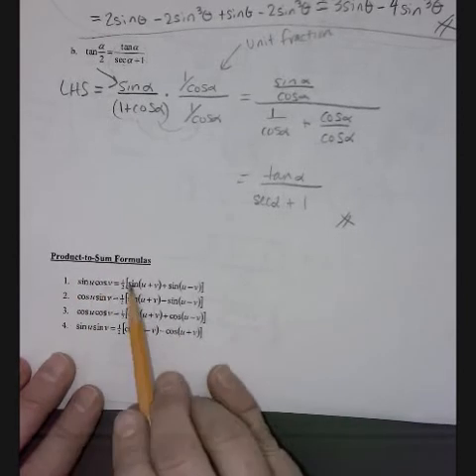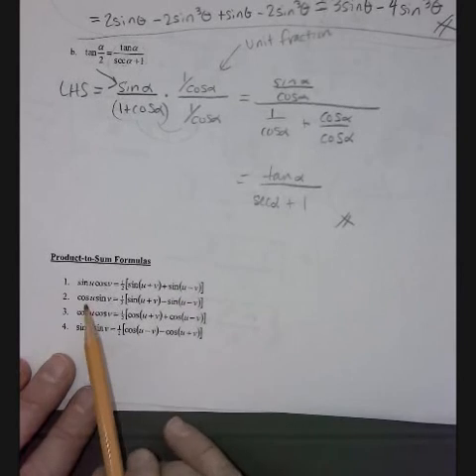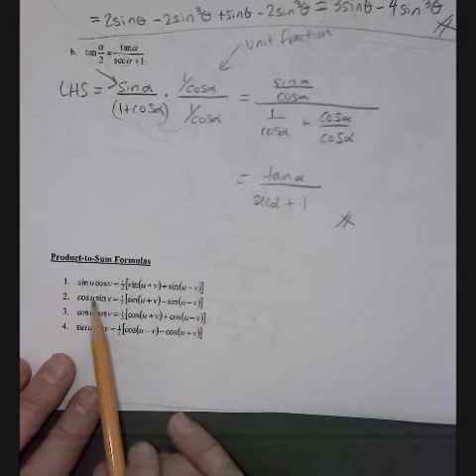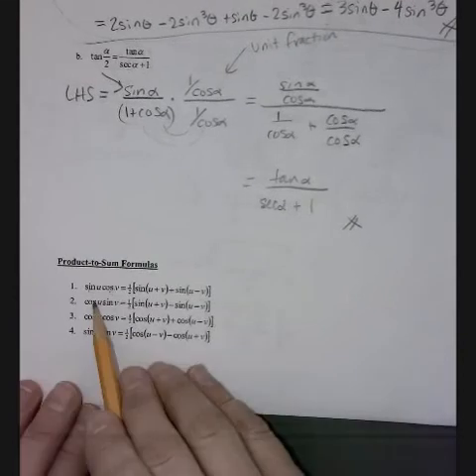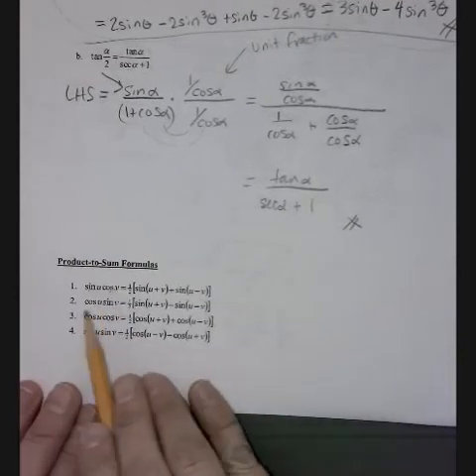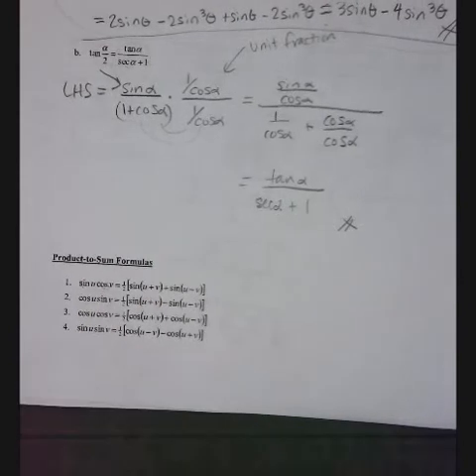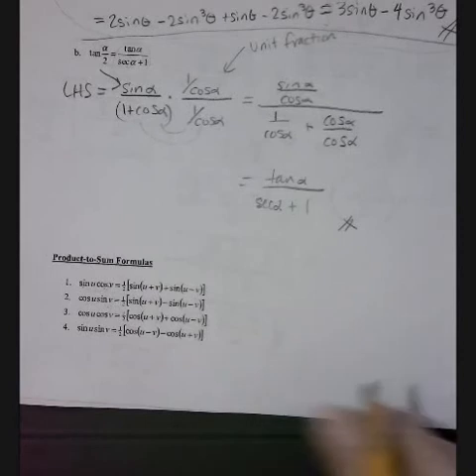And these two are pretty much interchangeable because notice they both have sine times cosine, right? So if you have sine times cosine, you can write it as cosine times sine because multiplication is commutative, and so you could use either formula. So there are 2 equivalent statements there.